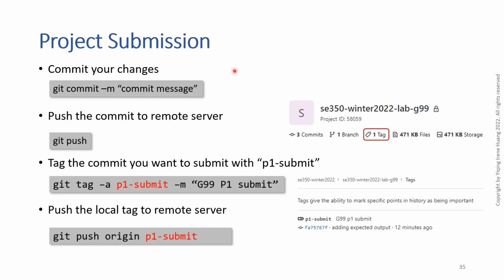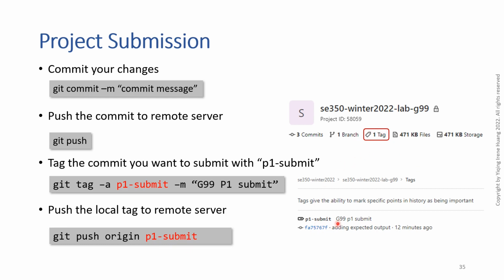To submit the project, you first do the commit, and then you push the commit to the remote server. Let's say this is the commit you want to tag. Then you just use the git tag command to tag it with the tag name, and then some comments. Then, very important, you need to push this tag to the remote server. When you log on to git.uwaterloo.ca, you should see this tag.